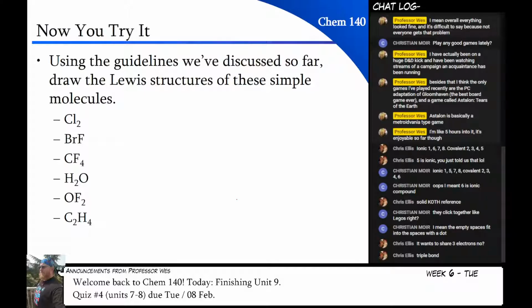Draw out the simple structure of each atom, and then try and connect the dots, and see if you can create something that fulfills the octet of everything and also pairs all the unpaired electrons to make bonds. I have 6 molecules for you to try. I'm going to give you 6 or 7 minutes to do this. Then we'll go over the answers and we'll be done. So see you in a bit.